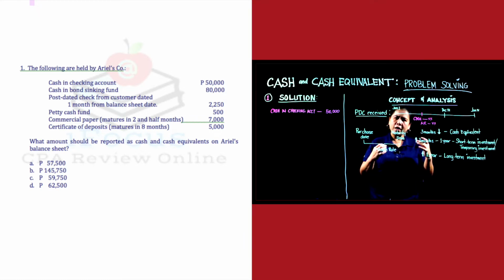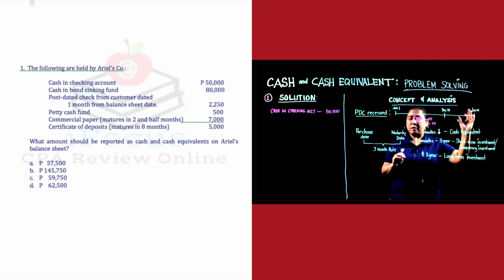Alright? So, anong gagawin ng company? The company will revert it back to the accounts receivable to show the right amount of your accounts receivable and the right amount ng ating cash. So, ang gagawin ng company, i-revert back niya sa accounts receivable at aalisin niya ito sa ating cash. Because as of December 31st, hindi pa natin mai-encash yan. Kailan natin siya mai-encash?